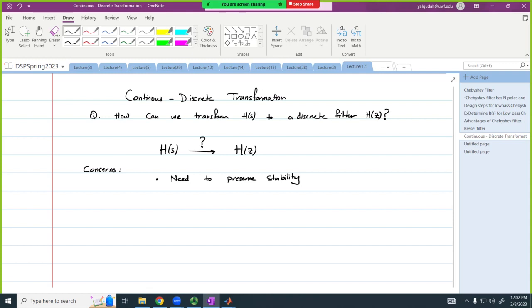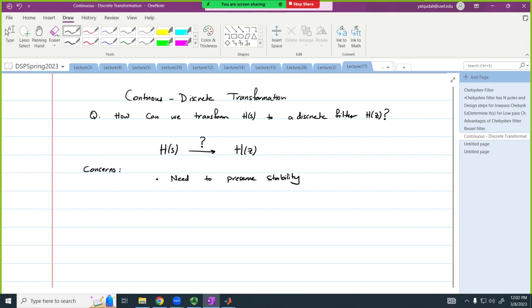Make sense? Of course, you realize that if I design this filter in the continuous time domain, it's not like I can just go to the H of S, replace S with Z, and all of a sudden it's a discrete time filter. That's not how it works. It's going to have to go through a transformation.